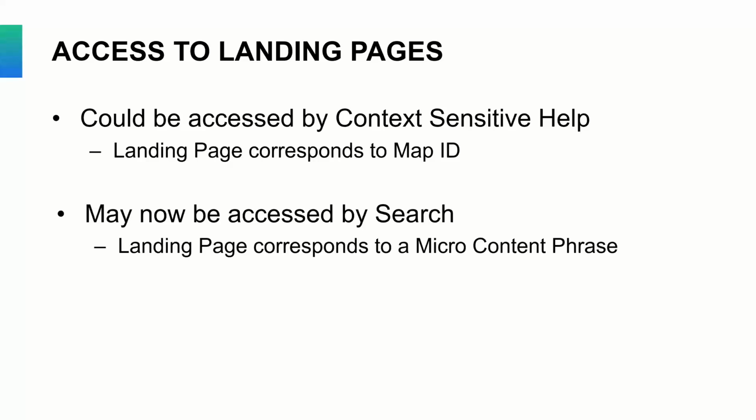And now we can link it to search as well, because using Flare's micro content feature, we can create landing pages that are triggered by search keywords. What we see then at the top of the search results is effectively a landing page.